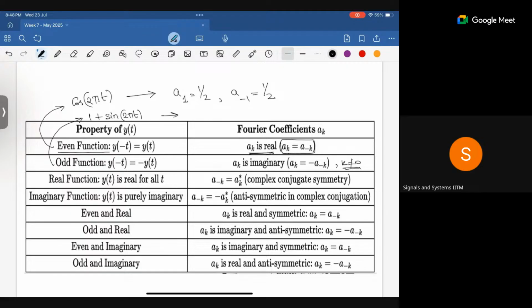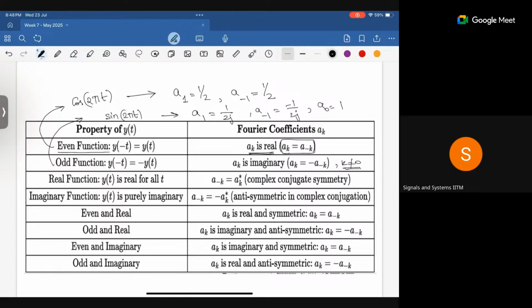This also we have seen. I think I forgot the values. A1 is 1 by 2j and a minus 1 is minus 1 by 2j. Sorry, let me take that back. 1 plus sine 2 pi t is not odd.